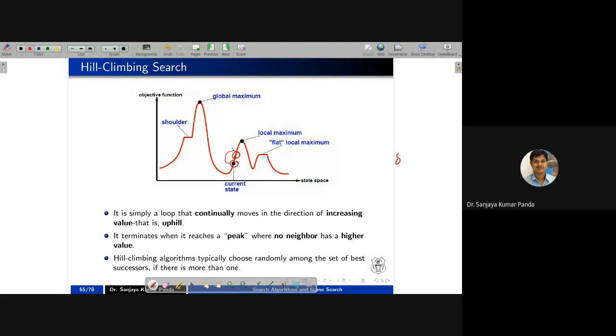You can make this change if and only if the height of that particular hill is increasing or the same. Then you accept this as your next step. Suppose the next state is this one, you move here because the height is increasing. Next state is this one, you move here. But once you reach the top of the hill, if you take a step of length delta, you will reach a state where your height is not increasing.